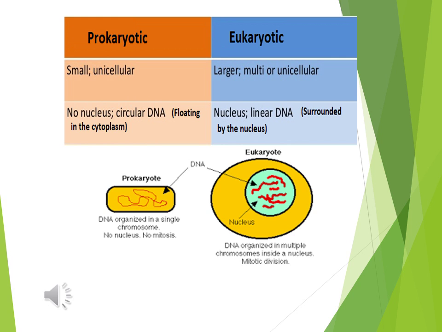Prokaryotic are small and unicellular, non-nucleus and circular DNA floating in the cytoplasm. The eukaryotic are larger, multi or unicellular, nucleus, linear DNA surrounded by the nucleus.